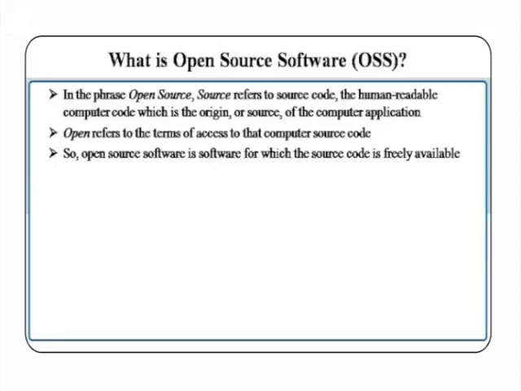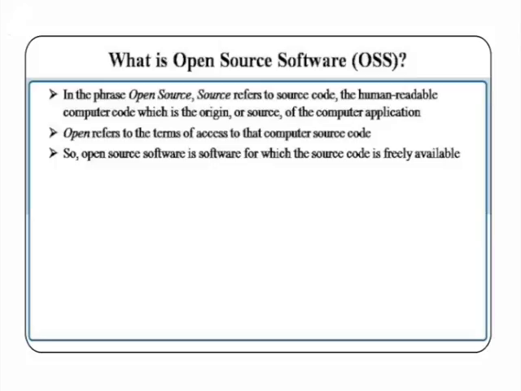Open source software refers to the source code, that is human readable computer code, which is in its original form or source for a computer application. And open refers to access to the computer source code. That means we can access the source code where a program is written. Generally, when we take any software, we get the compiled program or object code or executable code, which cannot be read to understand what exactly the software is doing, except the manual which says about the software.